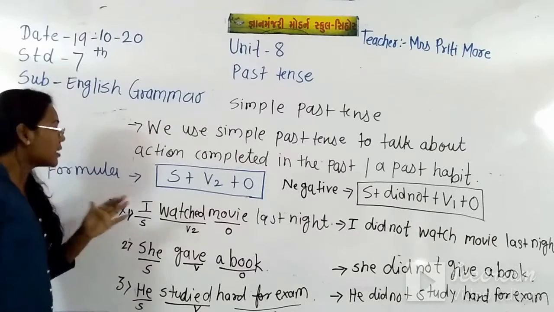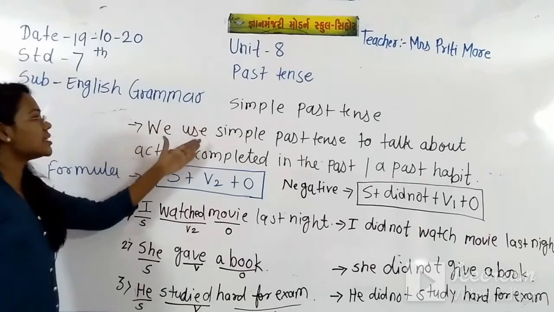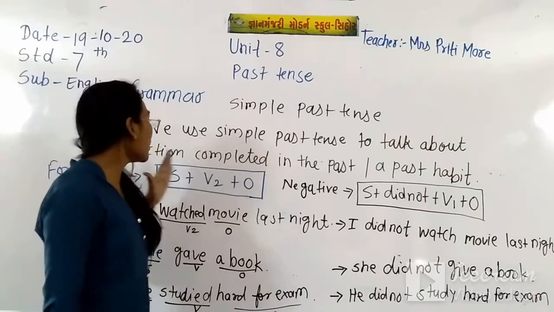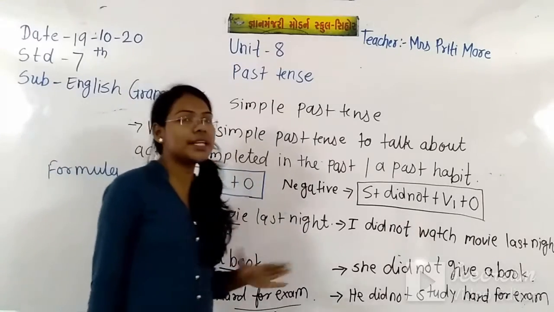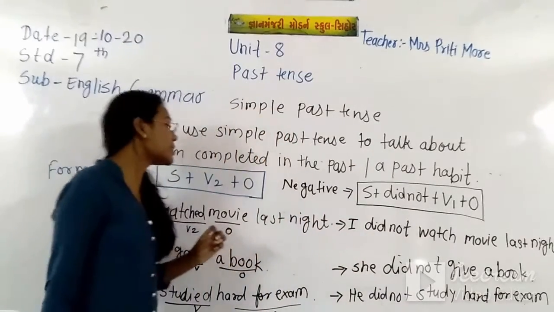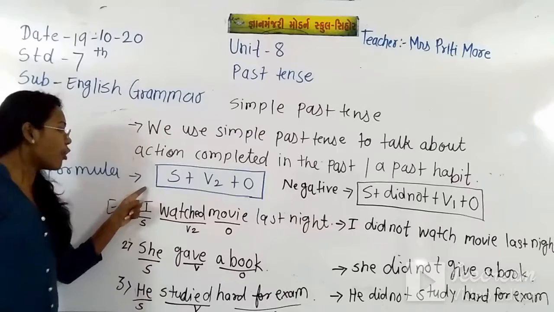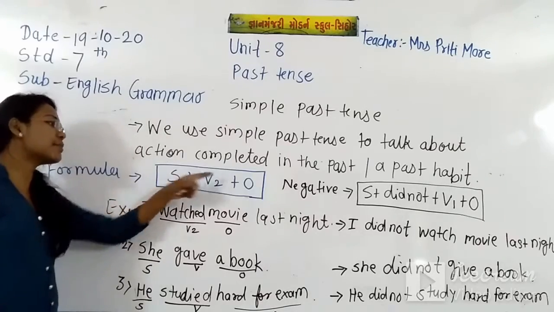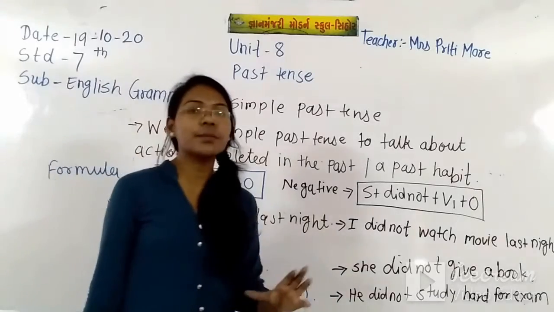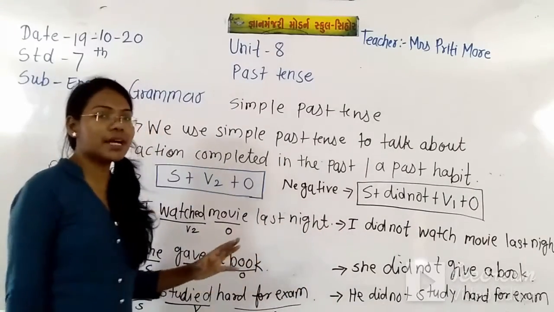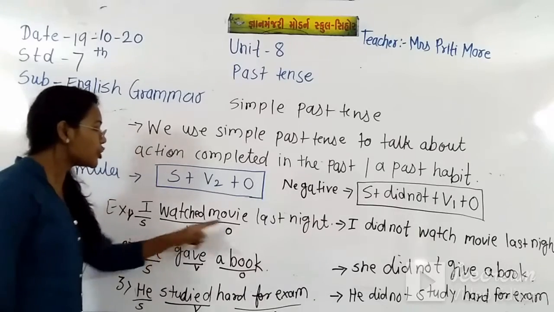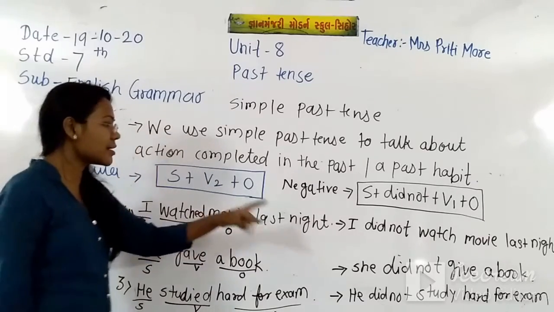So we have seen the simple past tense. We use simple past tense to talk about action completed in the past. And the formula of simple past is subject plus V2 plus object. We use the second form of the verb to make the simple past sentence. So this is, I watched movie, this is the V2, last night.